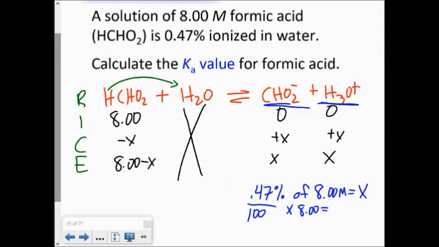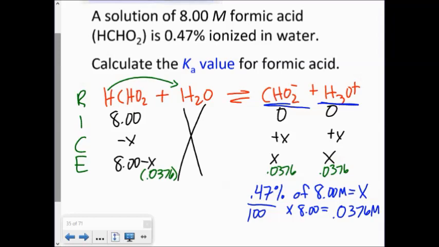This is just using percents here. 0.0376 M, right? Okay. So far, so good? Basically, in here, this would be 0.0376. This is going to be 7.9624, and 0.0376. We figured out what our x value is.